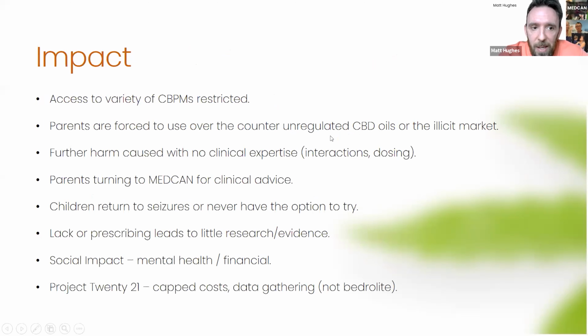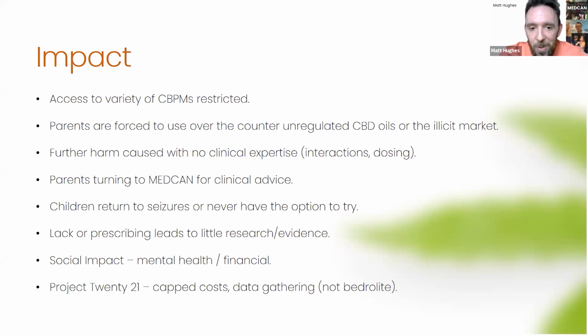So what's the impact of this? Access to a variety of cannabis-based prescription medicines is restricted. Parents are forced to use over-the-counter unregulated CBD oils or go to the illicit market. Further harm is caused with no clinical expertise, so interactions, dosing, that sort of thing. Parents are turning to organisations like MedCan and PLE for clinical advice. We're not doctors, but they've got nowhere else to turn.